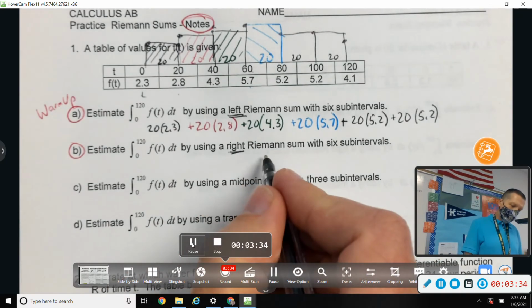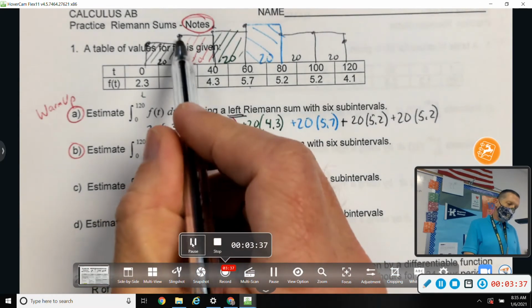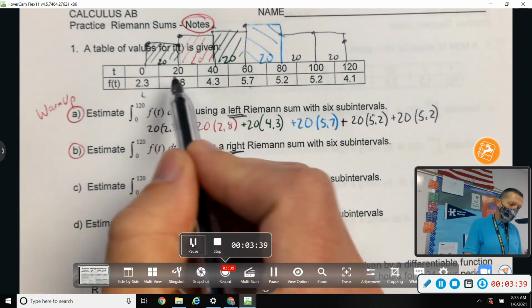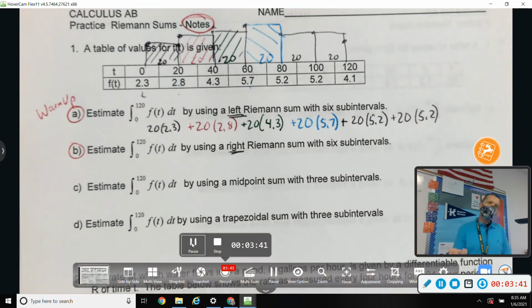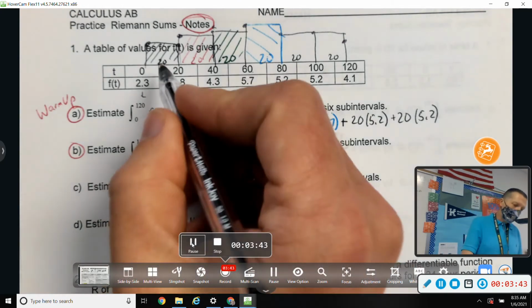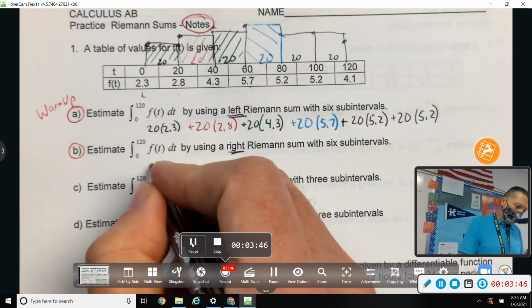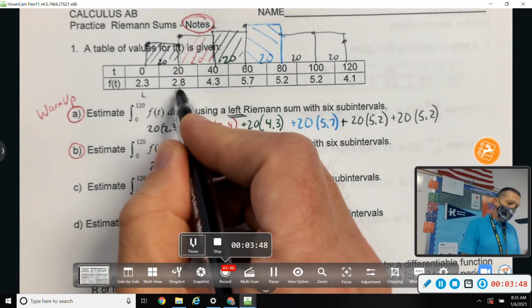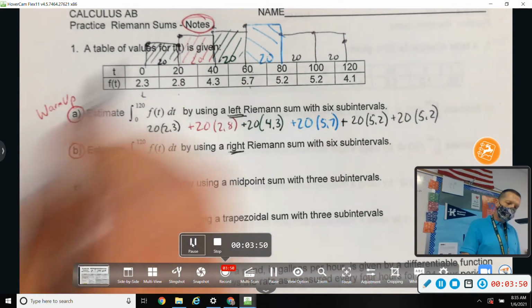For a right Riemann sum, same kind of thing. My picture is now a little bit tricky because those are all left-hand rectangles that I drew. But my first rectangle is 20 wide still, but I want to use the right-hand height, so I'm going to use the 2.8.